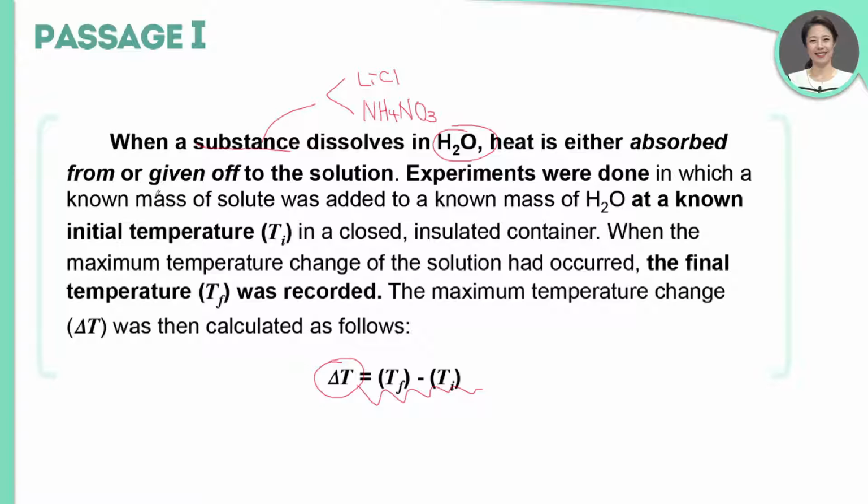We use known masses of solute and water, and a known initial temperature. We measure T final, and if T final is higher than T initial, you'll see a positive delta T. If T initial is bigger than T final, then you will see a negative delta T. Okay, let's move on to the next slide.